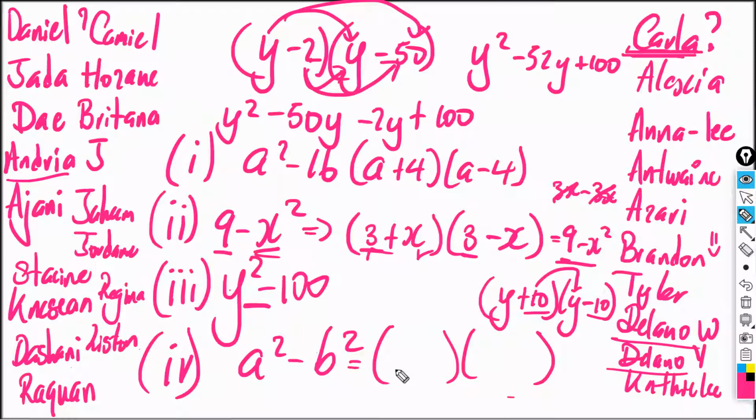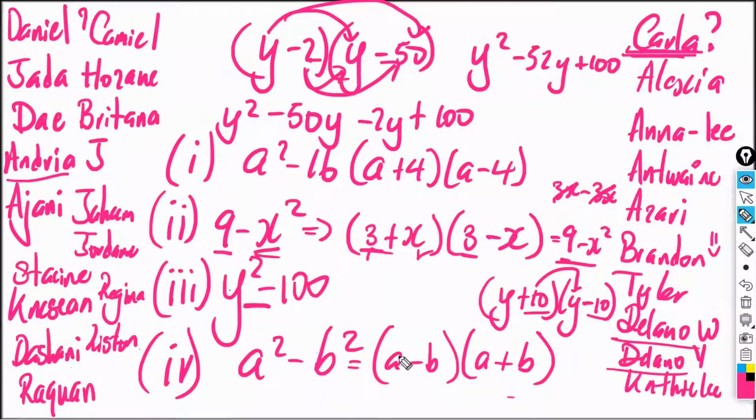Negative b times b, sir. Negative b times b. Sir, I don't quite understand it. All right, so I'll do it for you guys. It's kind of easy. It's a minus b times a plus b. That's the answer.